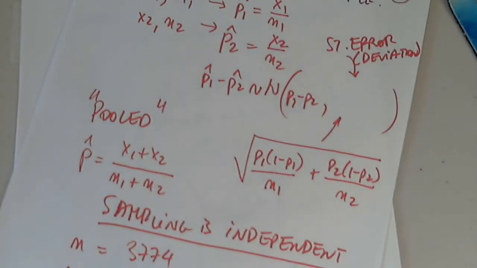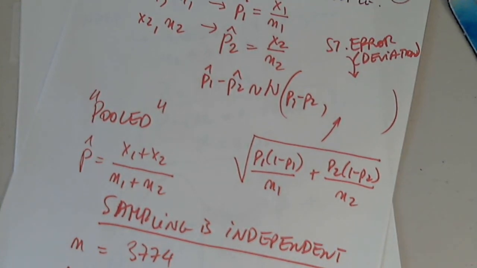X sub 1, in other words, 547. Number of observations in that sample, 2103. Number of successes in sample 2, 368. Number of observations in sample 2, 1671.